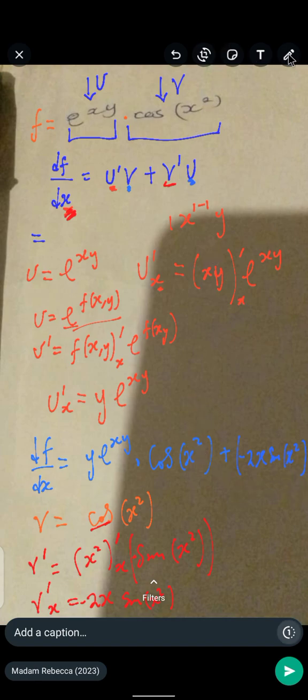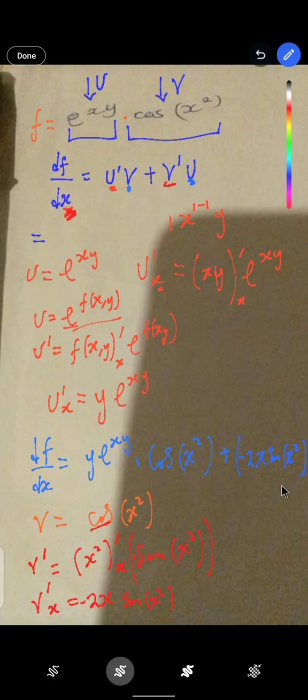My screen is a bit small, so here at the end there is times u, the u which is e to the xy, and you're done finding df/dx. So this times u is multiplying here, you're just putting it here, times v prime, which is this part. Then that's how you differentiate that function. So I hope I have answered your question.